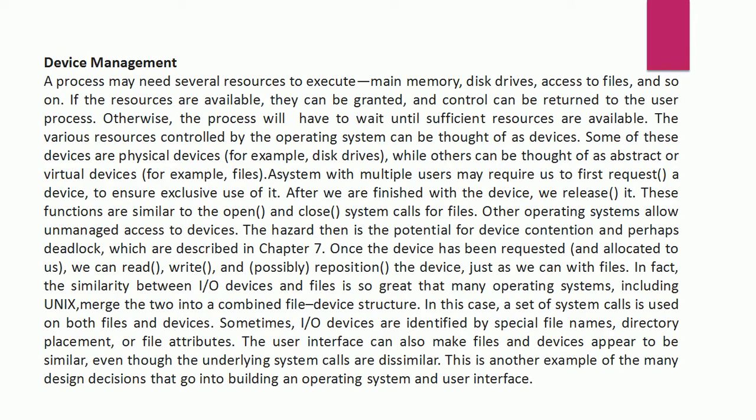I/O devices are identified with special file names, directory placement, and file attributes. The user interface can make files and devices appear to be similar, even though the underlying system calls are different. This is another example of the many design decisions that go into building an operating system.